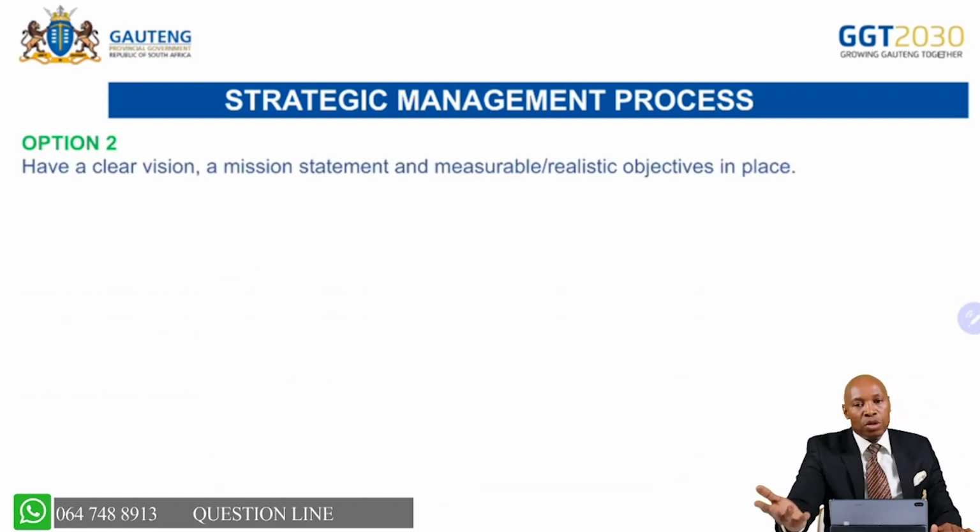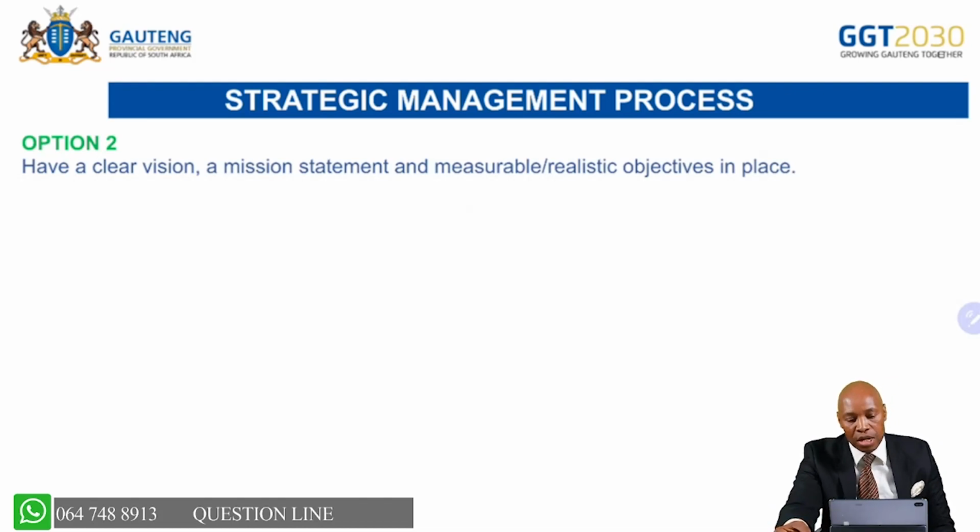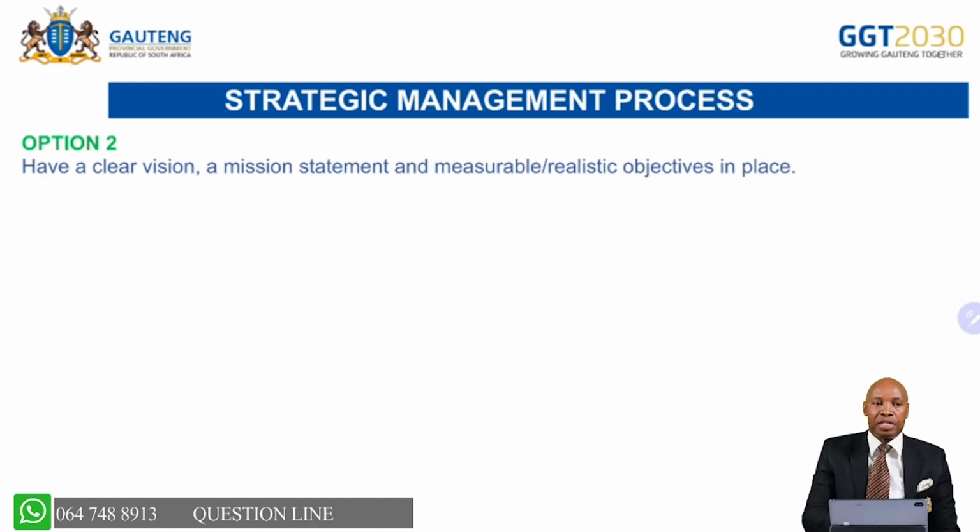Now, when you discuss the strategic management process, remember this strategic management process is taken from your notes. Now, the first thing, you need to have a clear vision and measurable objectives in place. We have seen that as a business, there is a decline in sales.